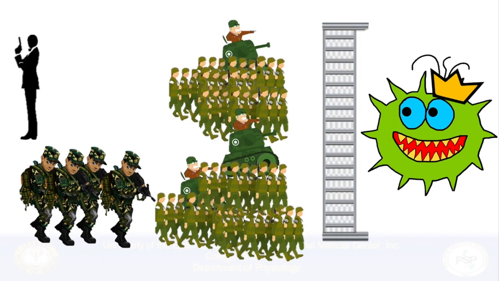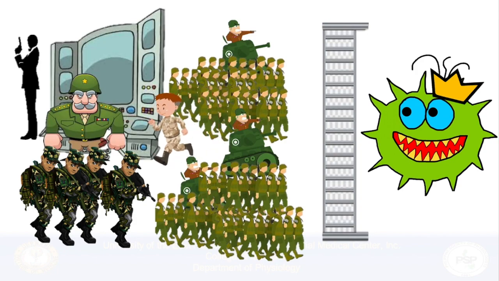We also have these special agents and a runner. And aside from that, there is a command center, which integrates all of the responses of these soldiers. So our immune system works like this in fighting off this crowned microbe or germ.